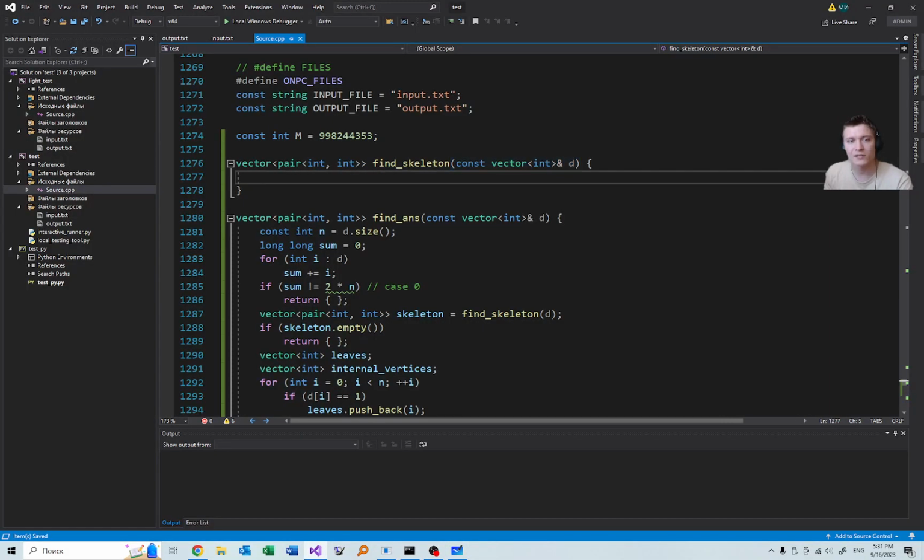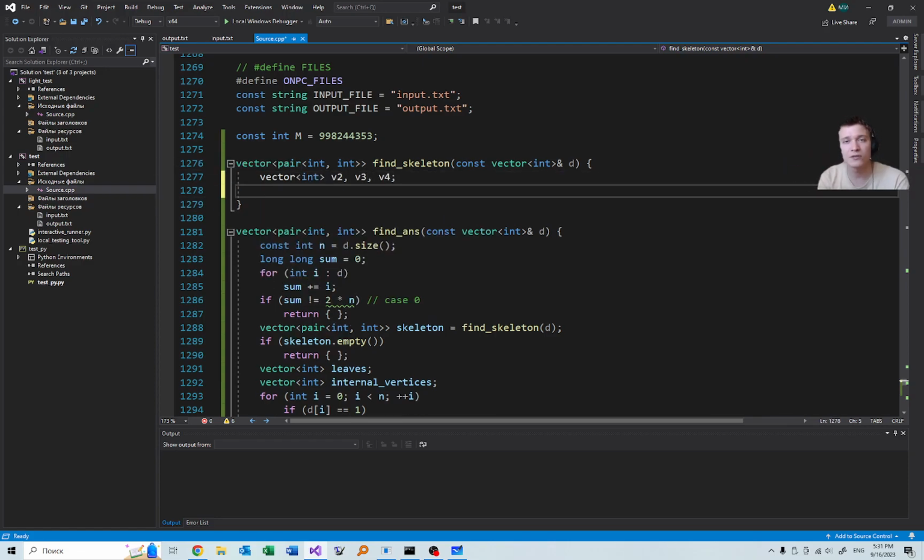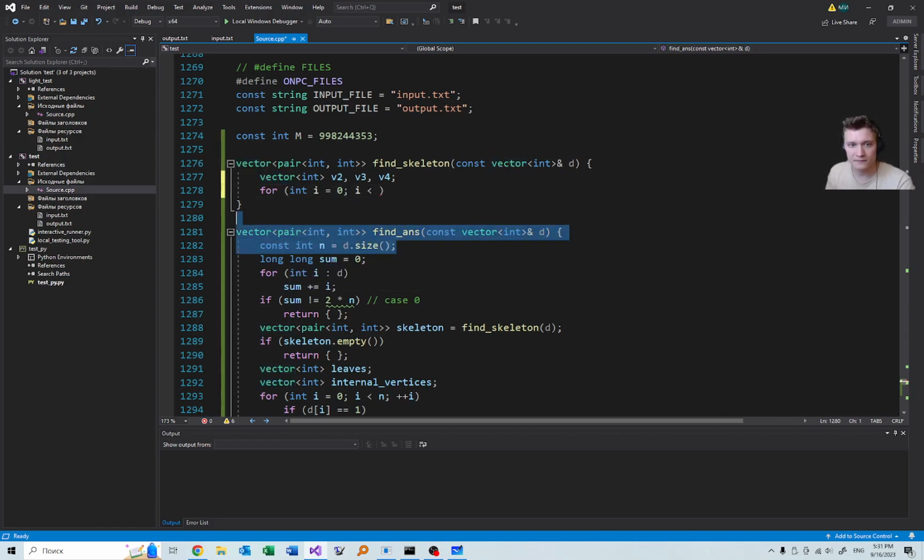So what I will do is make several buckets. I will make vector int v2, v3, and v4. v2 will be the vertices of degree 2, v3 will be the vertices of degree 3, and v4 will contain the vertices of degree at least 4. Let's see how it goes.